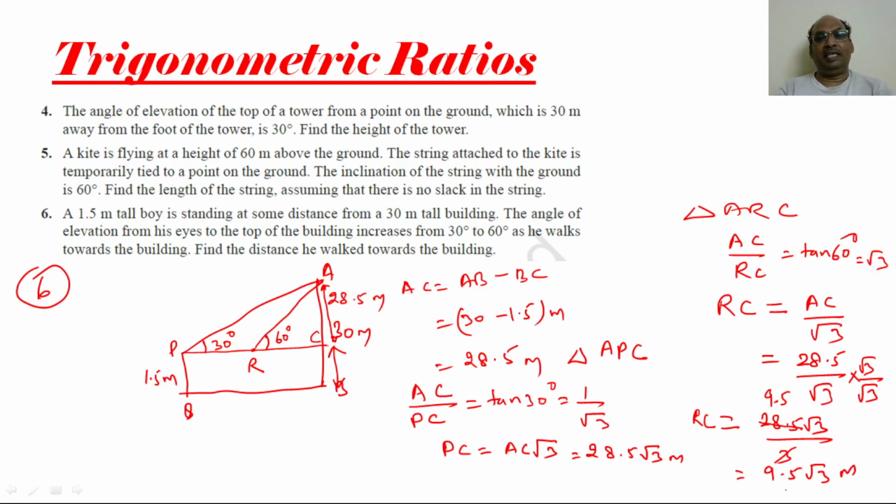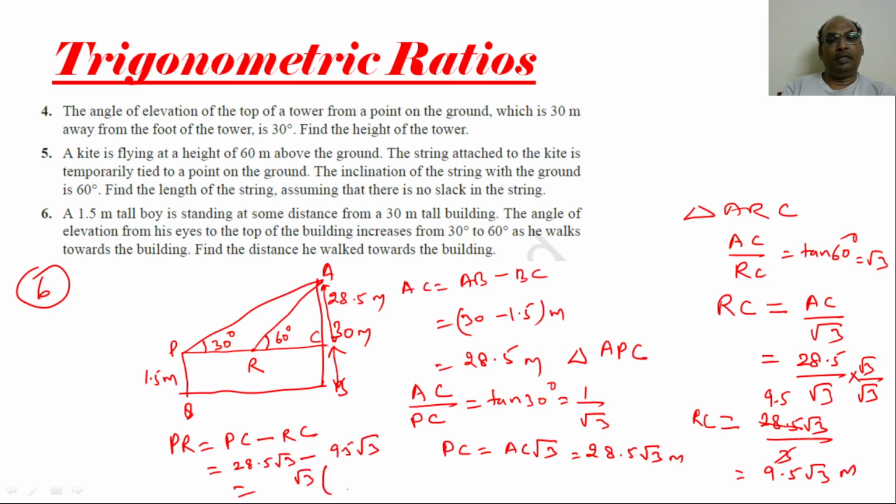Now the distance he walked towards the building means PR. So we need to find PR. PR is equal to PC minus RC. PC is 28.5 root 3 minus RC is 9.5 root 3. Root 3 we take common, and 28.5 minus 9.5.